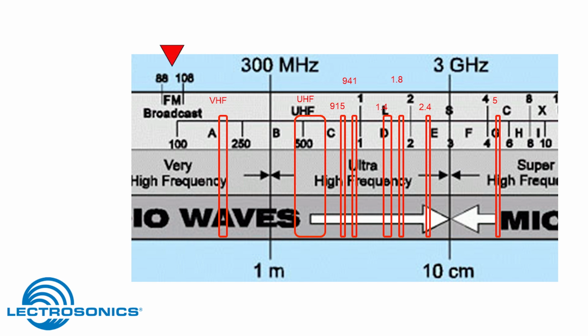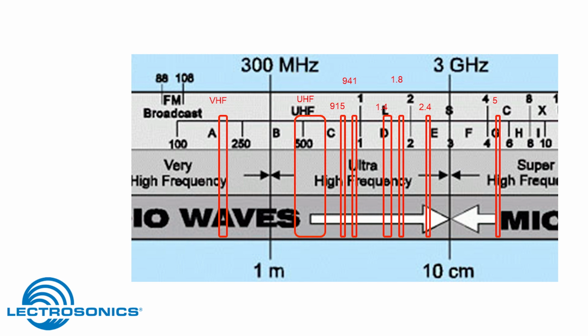FM radio is 88 megahertz to 108 megahertz, and the VHF band that we're concerned with starts at about 174 megahertz and goes up to about 216 megahertz. And then UHF, at least as far as we're concerned, starts at about 470 megahertz and goes up in the United States now to about 700 megahertz, although we don't have access to the top part of that anymore for wireless microphones or for TV broadcasts.